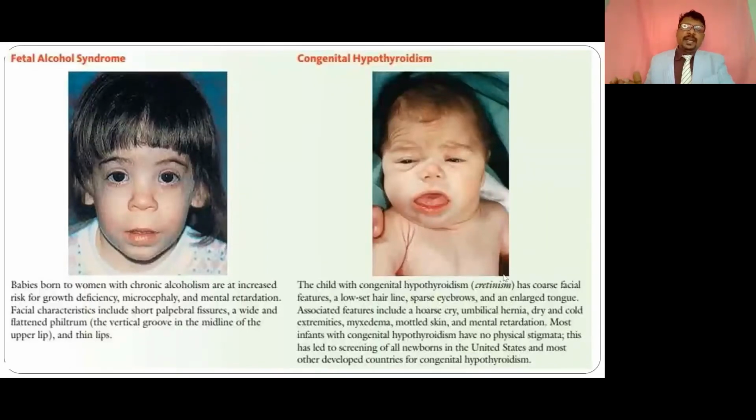So there are no exact signs and features of congenital hypothyroidism. The doctors have to rule out all the signs and symptoms according to the patient's condition. So these are some facial abnormalities because of congenital abnormalities and also because of abnormal hormonal imbalance.